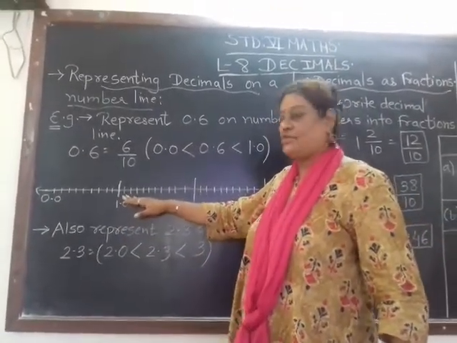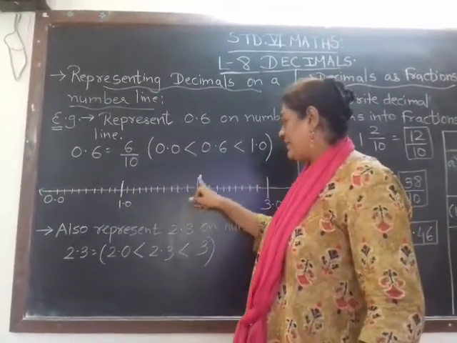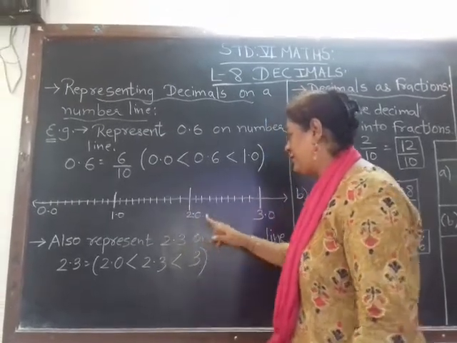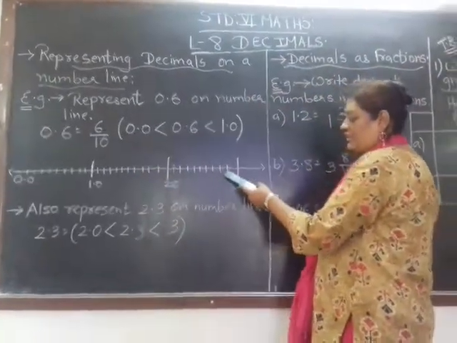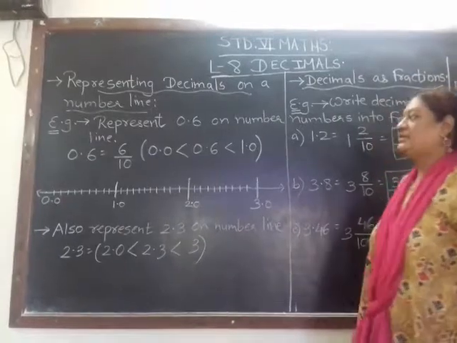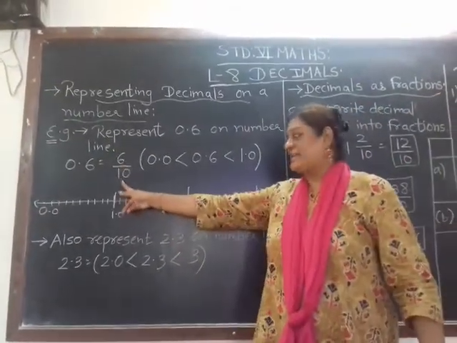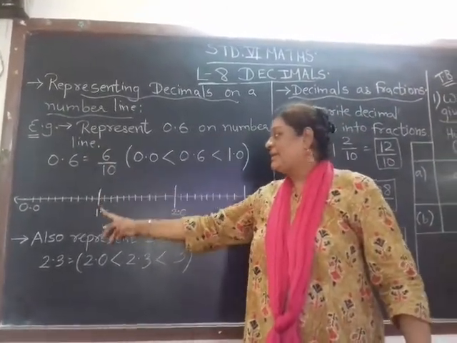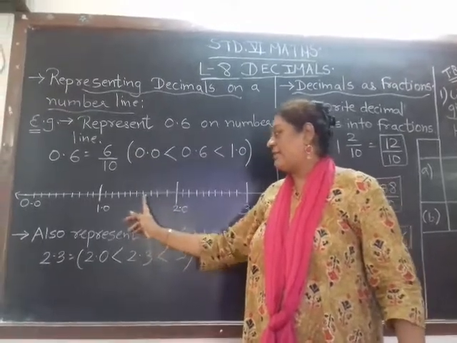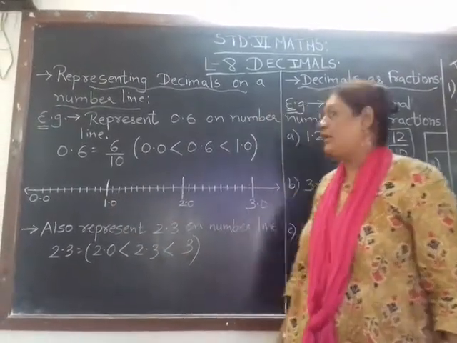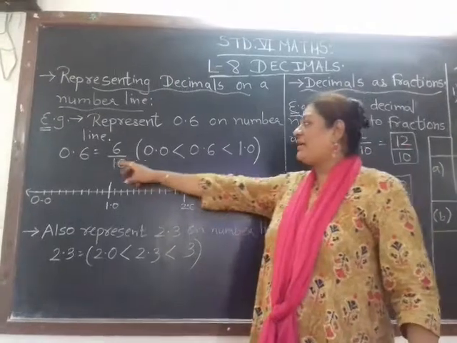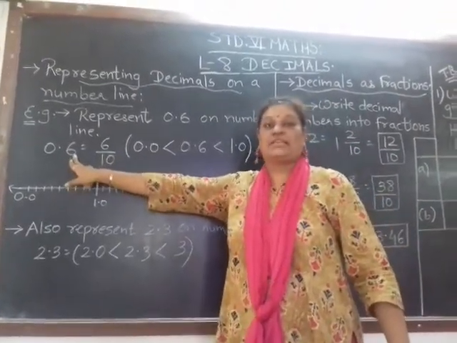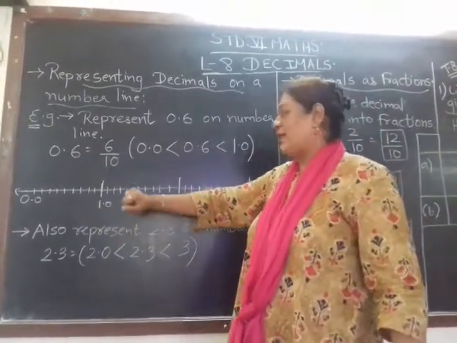Again 10 divisions, small 9 and big one 10, there is 2.0. Again 10 divisions, and this is 3.0. So as this is 10 here, 6 divided by 10, between the two numbers we had divided this into 10 equal parts.